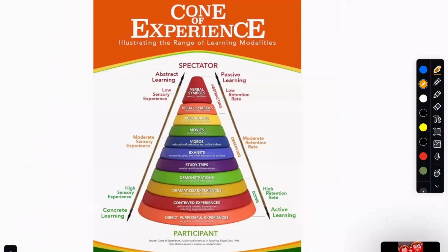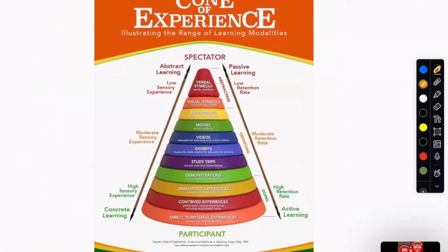This is another diagram showing the cone of experience. With active learning, you have a high retention rate because you are doing it. That means you have a high sensory experience. Remember, we have 5 senses: hearing, touching, tasting, and the others.